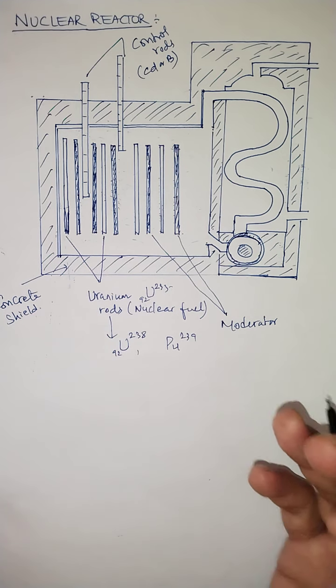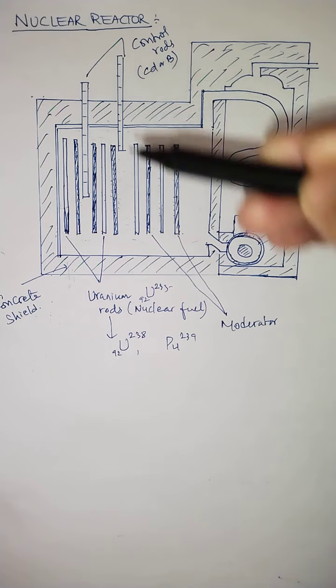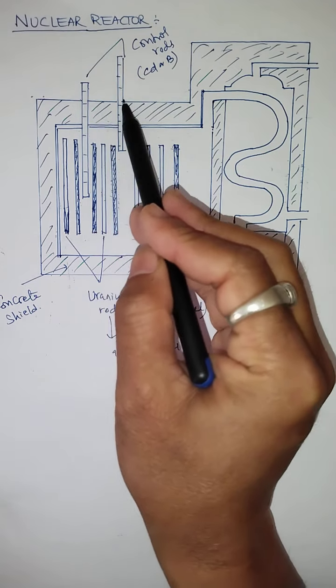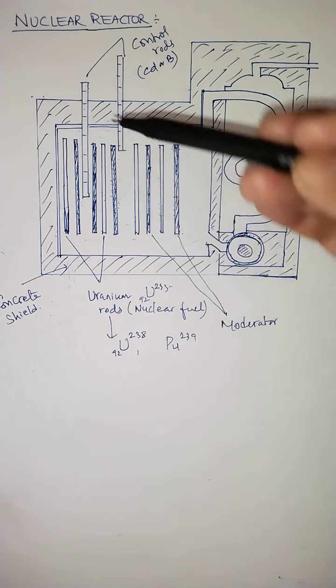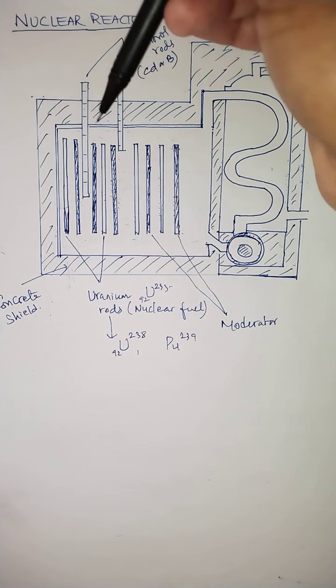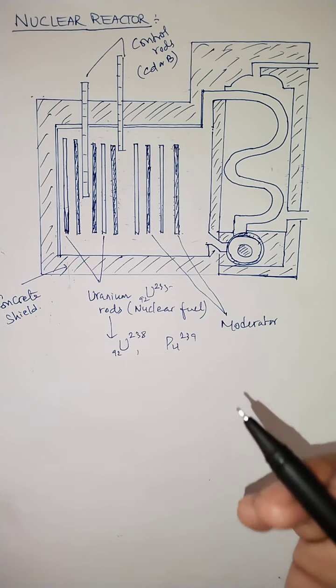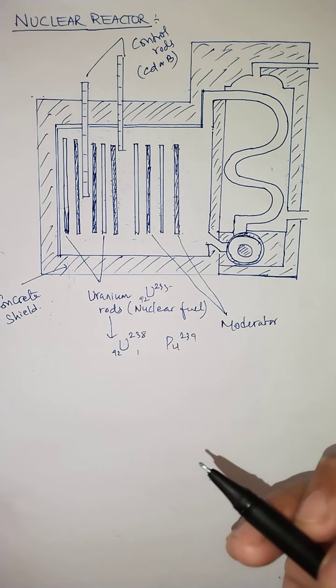The rods of cadmium and boron are inserted in the small holes of the reactor up to the desired length, so that the control rod can capture the slow neutrons and control the rate of fission reaction in the reactor.